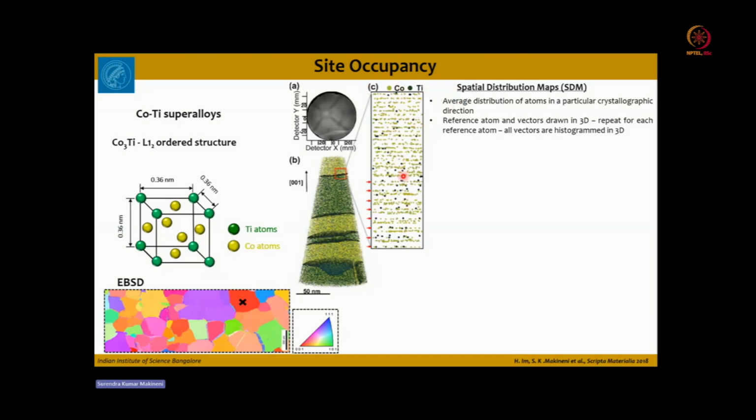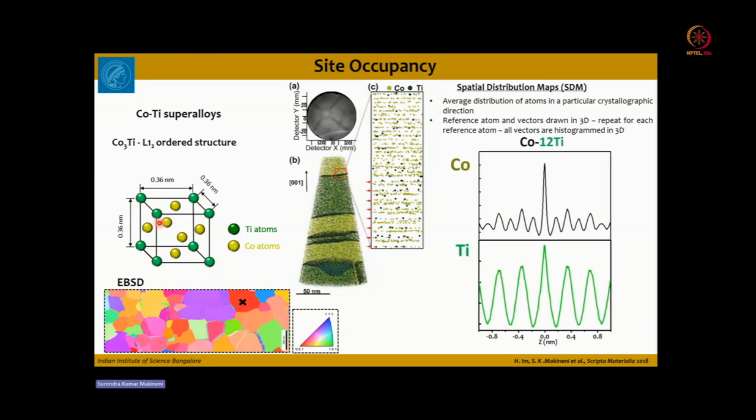Okay, so here we will construct these spatial distribution maps along the z direction, and the z direction is near to 001. Near to 001 means it is in this particular direction, and these are the 001 planes. Remember the 001 planes, these are the mixed planes, these are the pure planes.